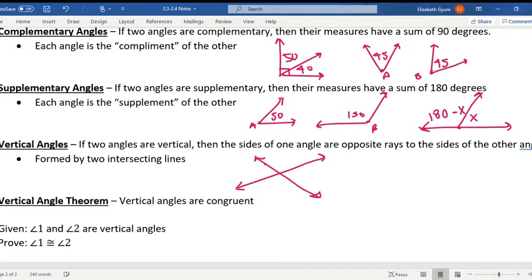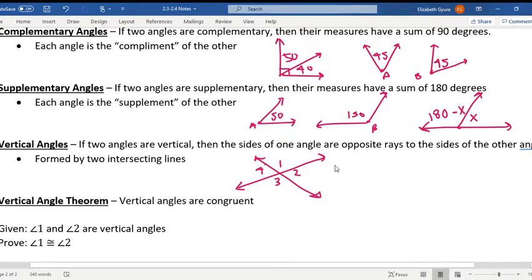Okay. Now the question is, which one of those are vertical? Well, what I'm going to do here is label this 1, 2, 3, and 4. Now, angles 1 and 2 here are actually a linear pair. 2 and 3 are a linear pair. 3 and 4 are a linear pair, and 1 and 4 are a linear pair, right? Because you have your opposite rays.